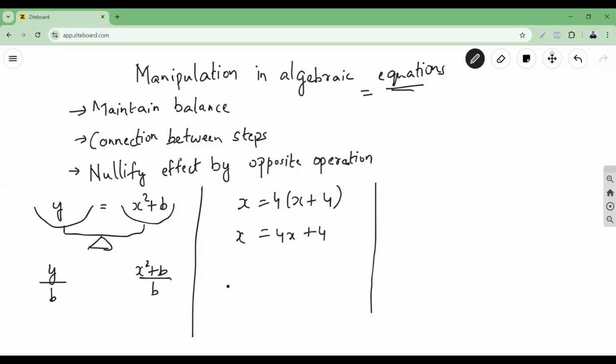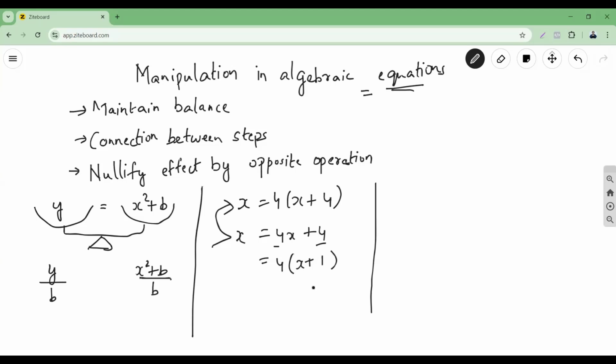Now, next step, I'm writing this one. There should be a connection: from this step, I'll have to be able to go back and get this step. Do I get it? That's the question. Now, if I say, out of this right side, I take 4 as common factor, if I take 4 as a common factor, what am I left with? x. And what am I left with in this term?